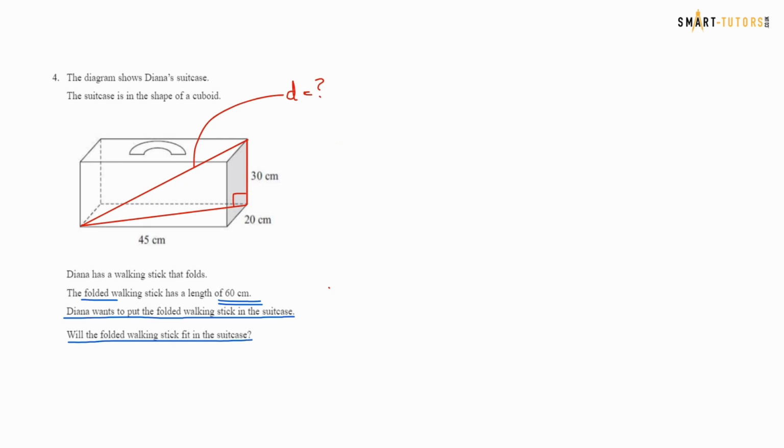So before I apply any 2D theorem, I am going to use the bottom triangle of the 3D shape. Let me shade it, then you can see this right angle triangle is the base right angle triangle. 20 and 45 are given, so you can label this as AB. So let me find AB squared.